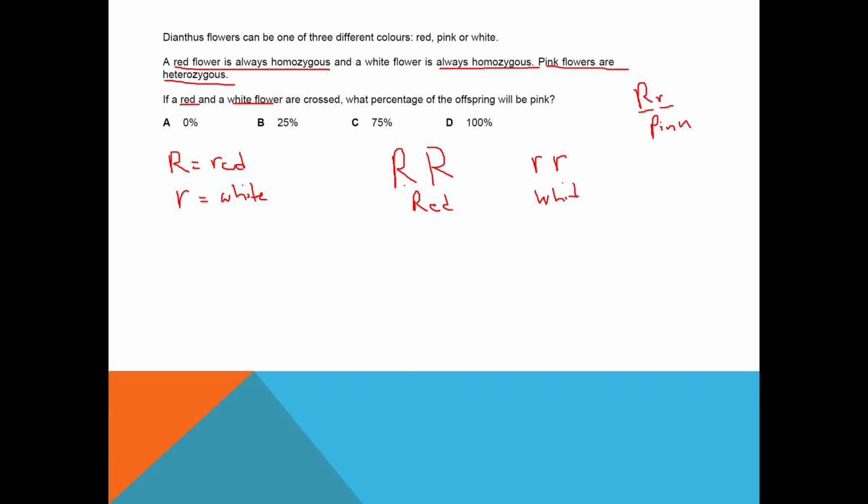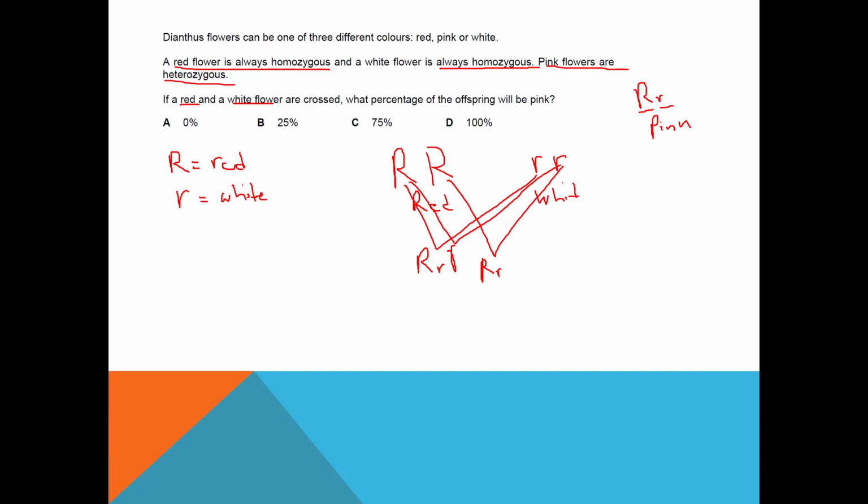So first we get this and then this. I'll go very fast here because I've already explained the concept behind this before. If it looks confusing to you, obviously you can use a Punnett square as well.